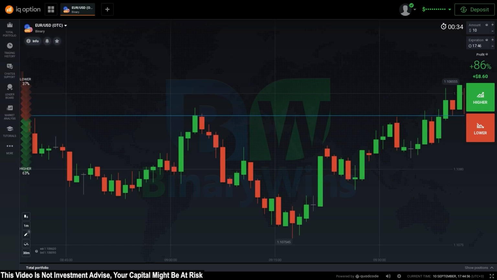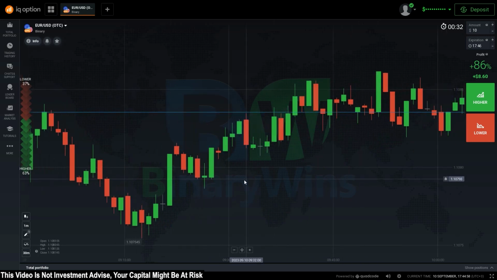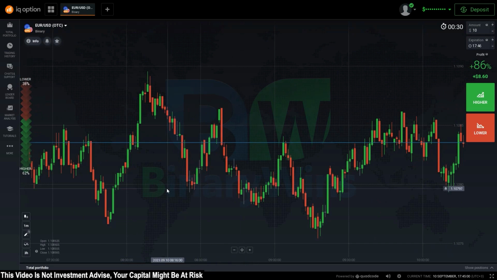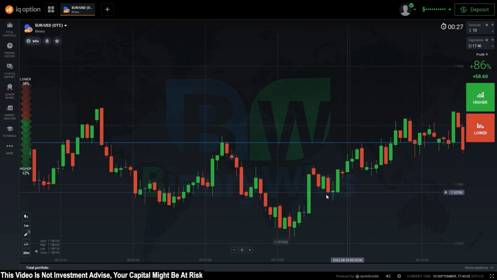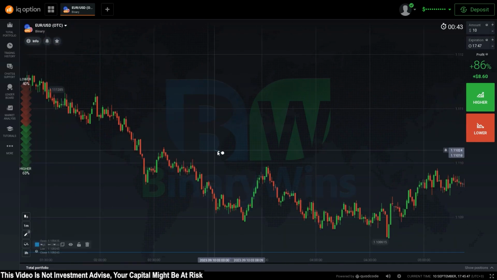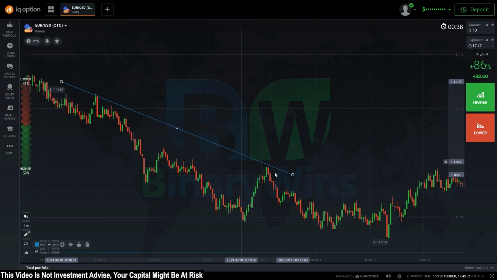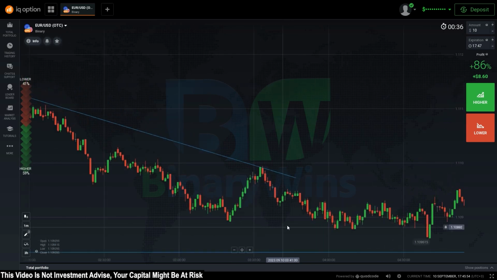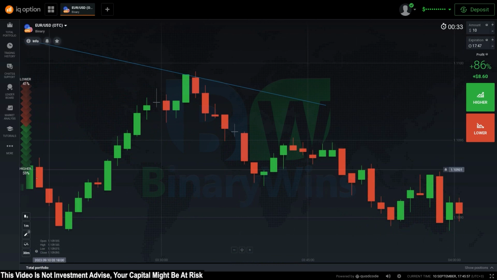Okay, now I'll try to find some examples and show you. Look here. The first candle, the second candle, the third candle.